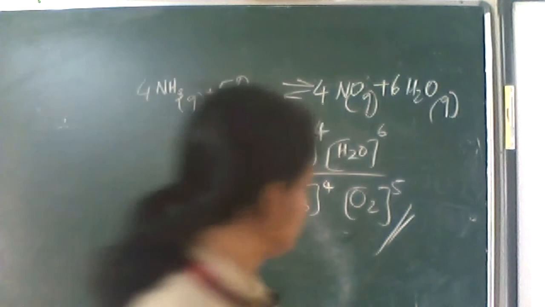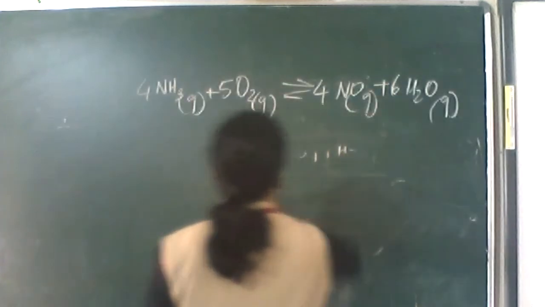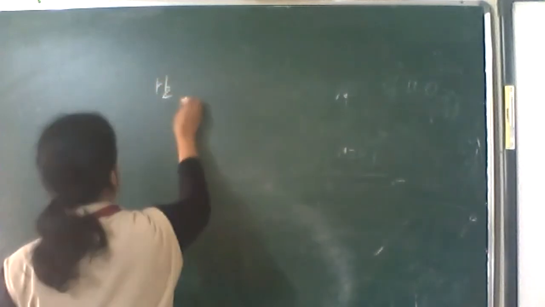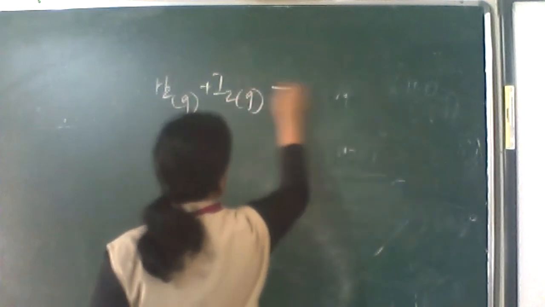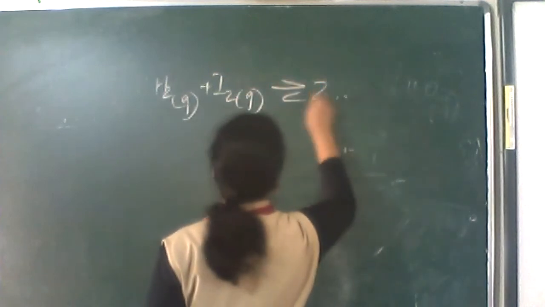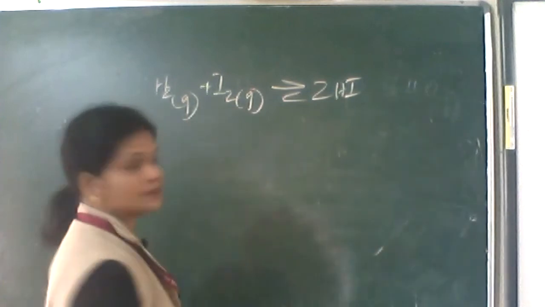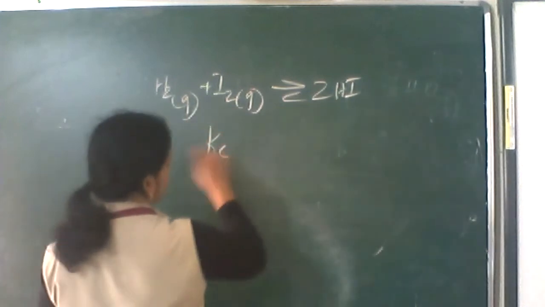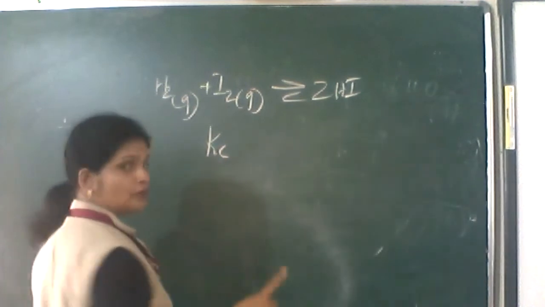Next equation I am giving. H2 gas plus I2 gas is in equilibrium with 2HI. See, we started from H2 and I2, so we say Kc for the forward reaction.